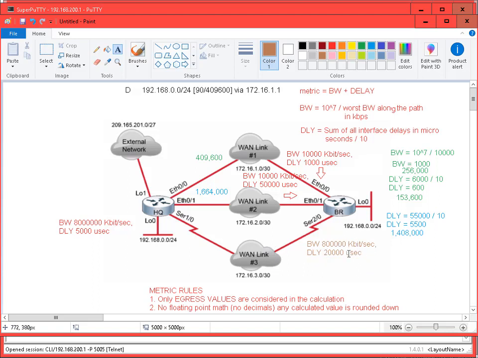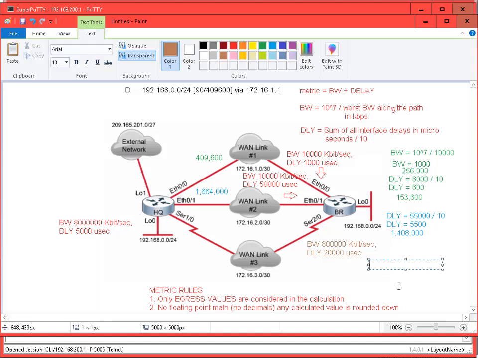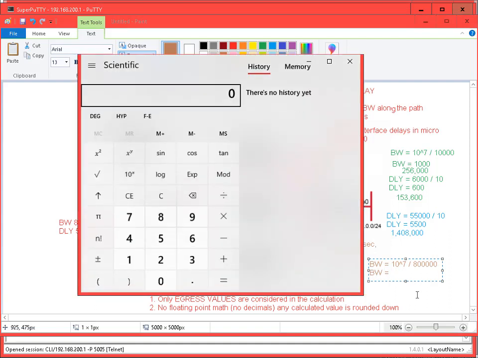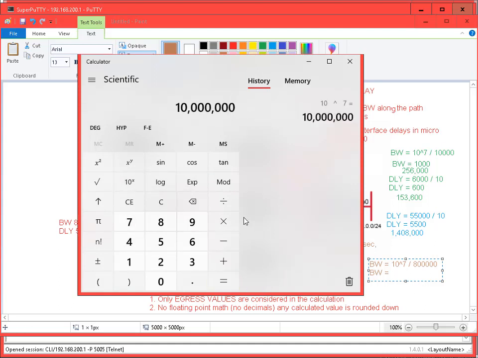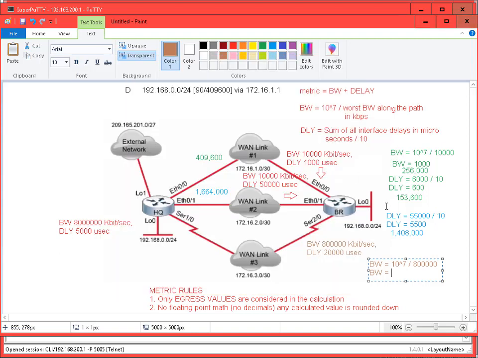So the bandwidth portion of the formula is going to be 10 to the power of 7 divided by 800,000, which is 12, essentially.